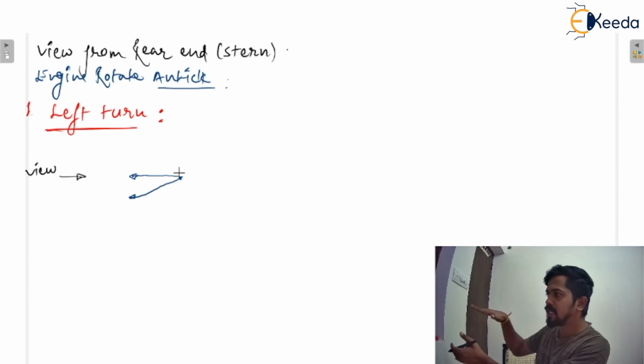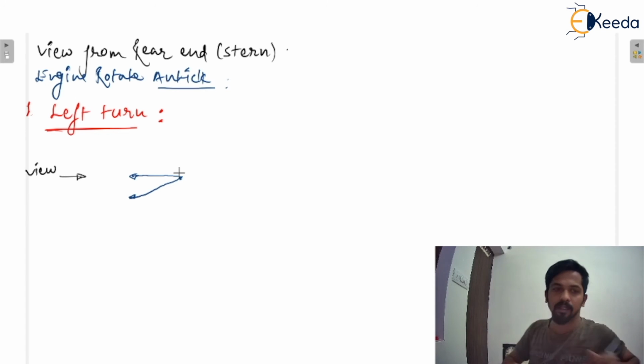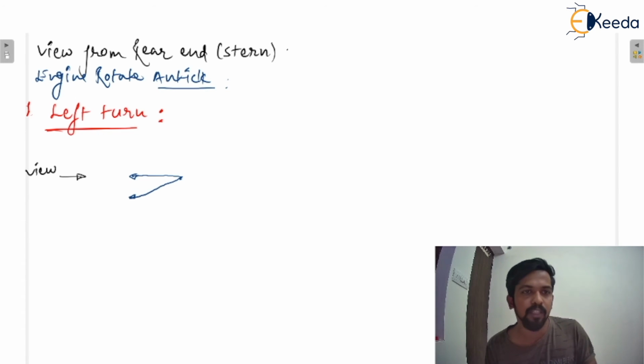So this would be the situation. Bow will move down, because we are looking from the rear end. Bow will move down and the stern will move upward. This would be the active gyroscopic couple and this would be the reactive gyroscopic couple.